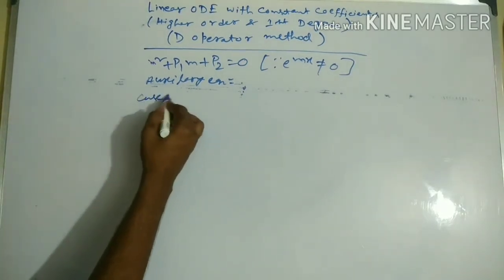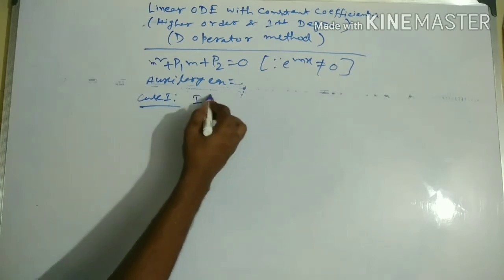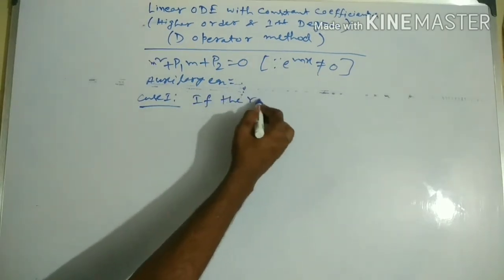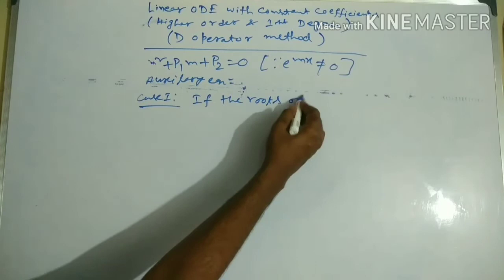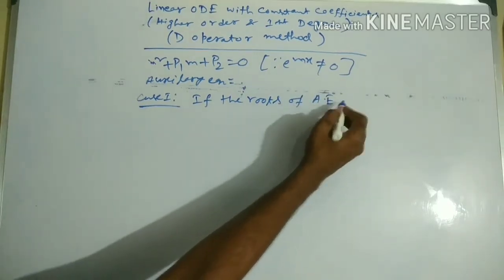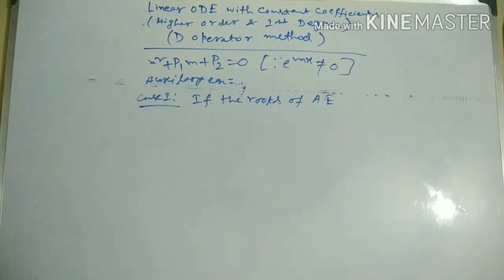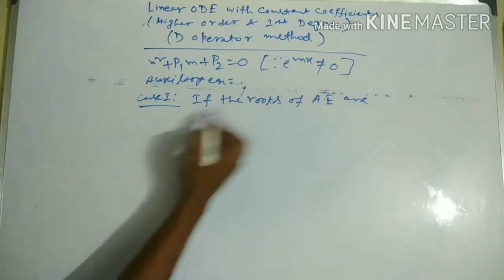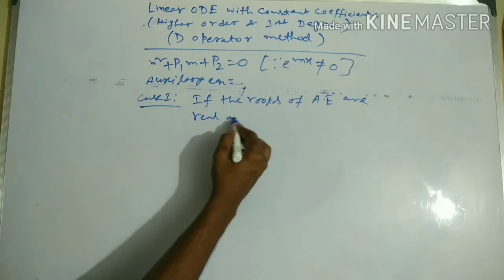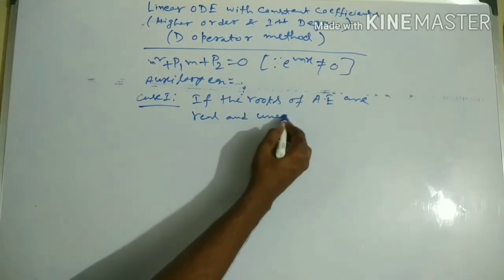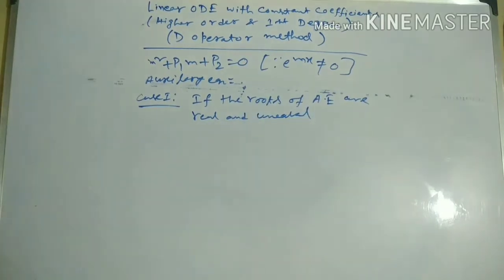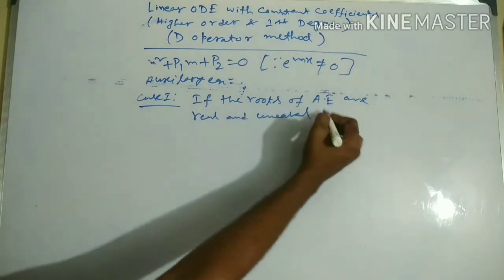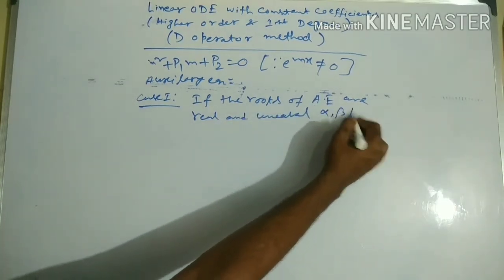Case 1. If the roots of AE, auxiliary equation, are real and unequal, say alpha comma beta.